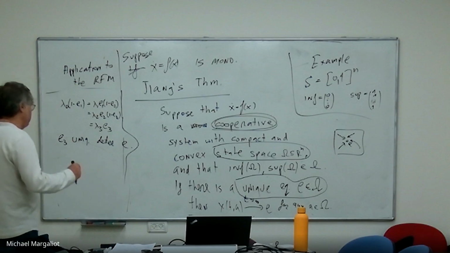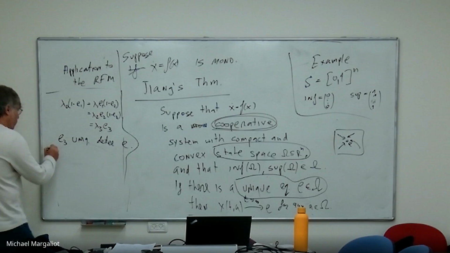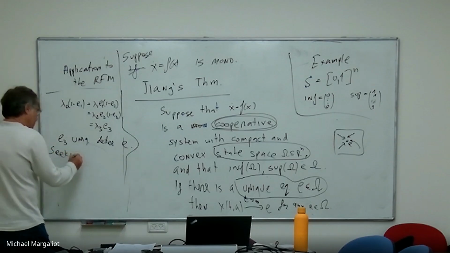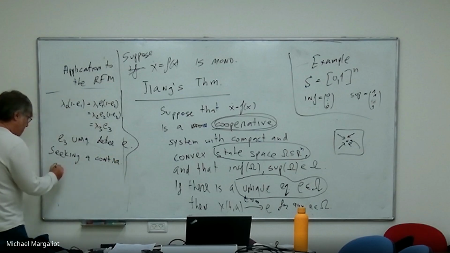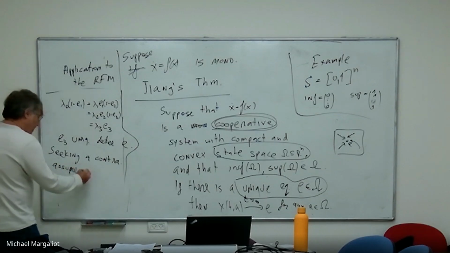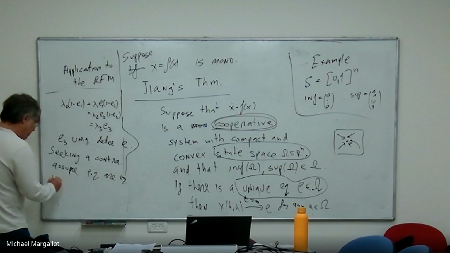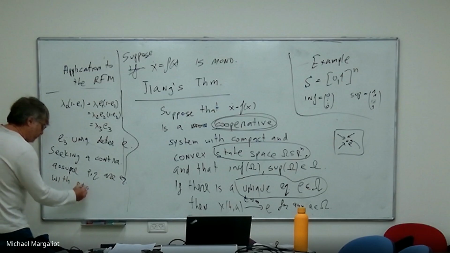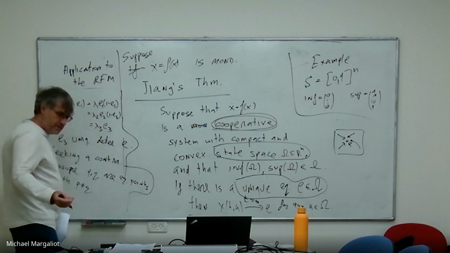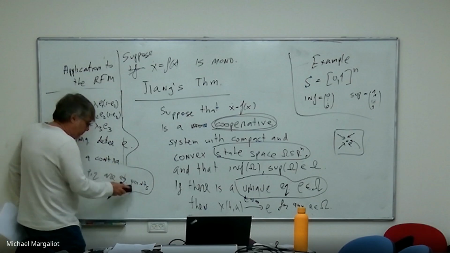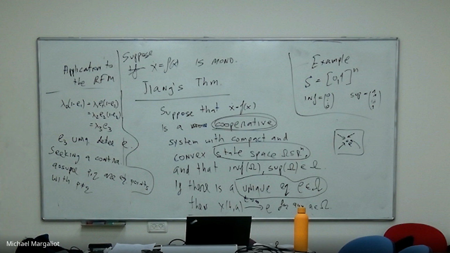Now I want to prove that there is only one equilibrium. So, seeking a contradiction, assume that P and Q are equilibrium points with P different from Q. I assume, and I try to get to a contradiction, that there are two different equilibrium points.